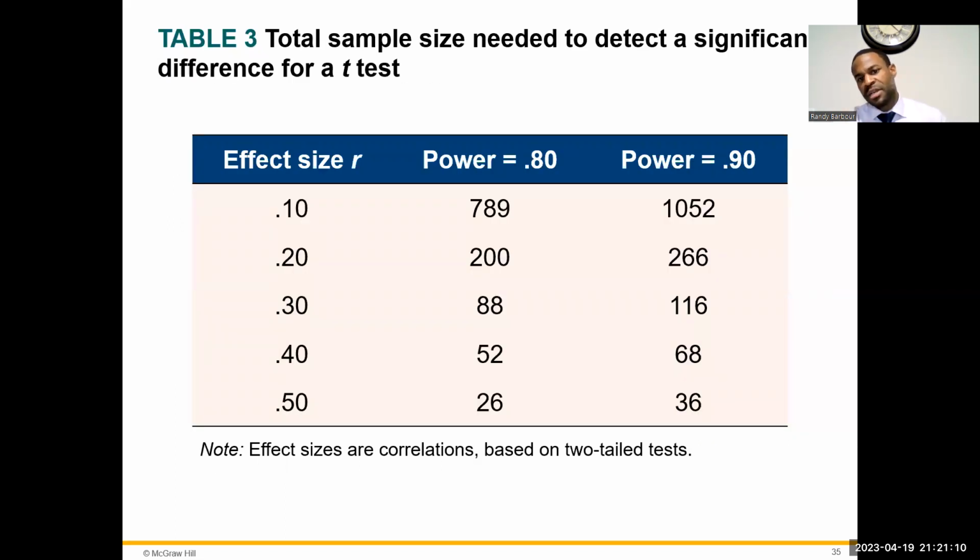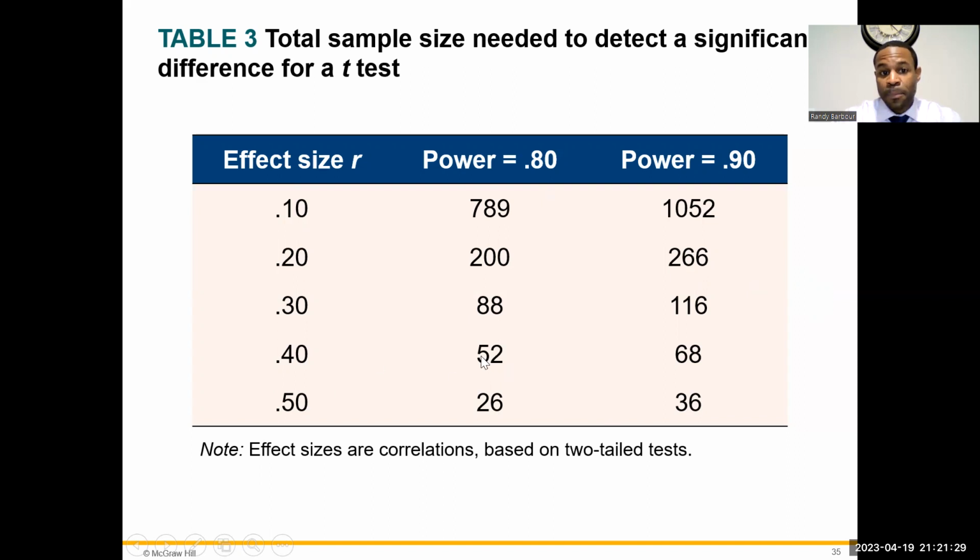And here are the conventions. You have 0.8 and 0.9 power, right? And as you see, when you're looking at a large effect size with these power levels, you don't need a really large sample size. 36 for 0.9, 26 for 0.8.